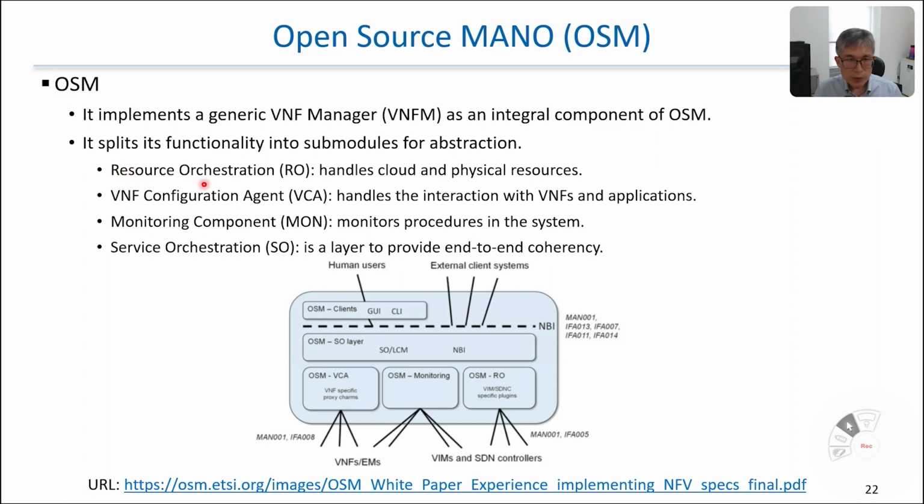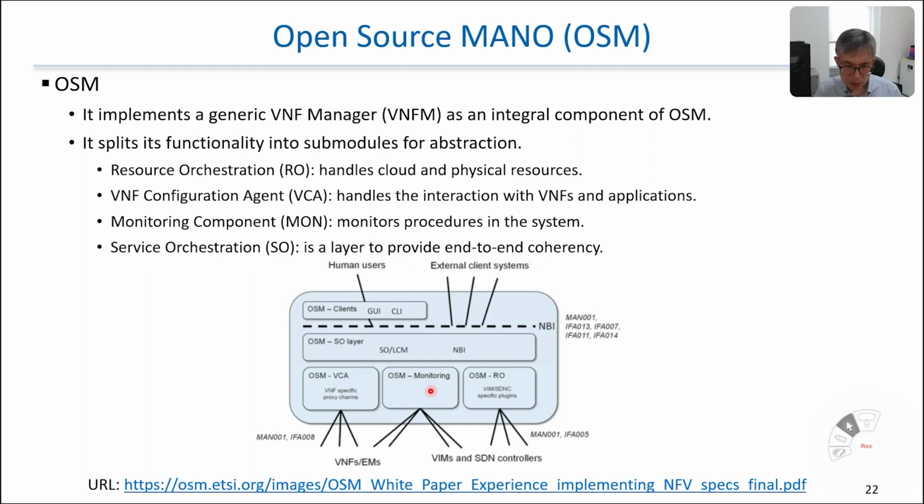The resource orchestration, RO, handles the cloud and the physical resources, and the VNF configuration agent, the VCA, handles the interaction with VNFs and the applications. The monitoring component, MON, monitors the procedures in the system, and service orchestration, SO, is a layer to provide end-to-end coherency.